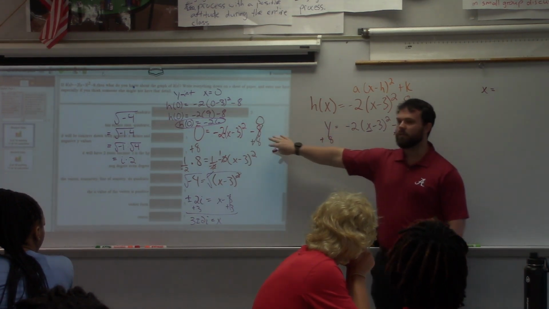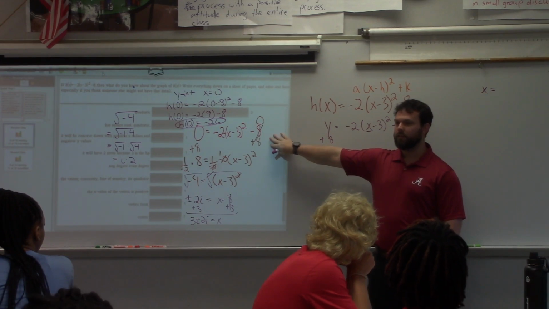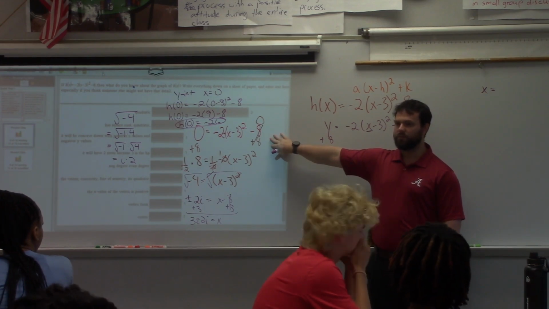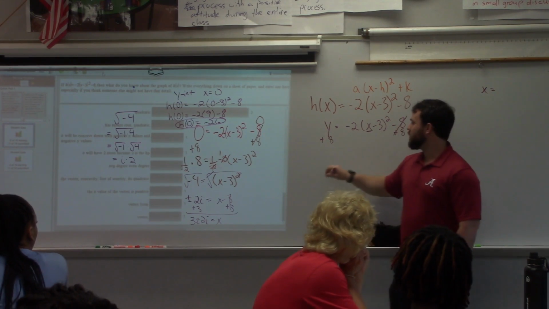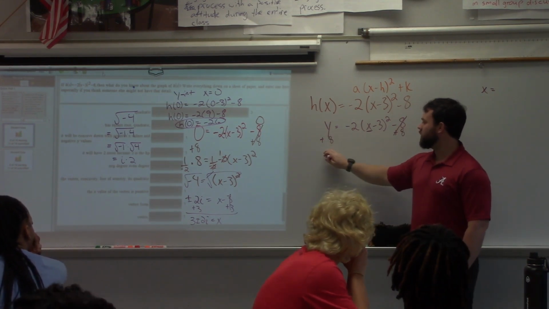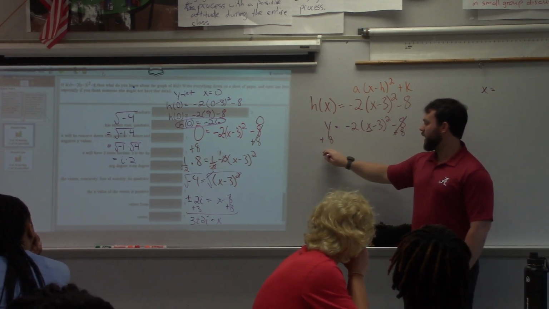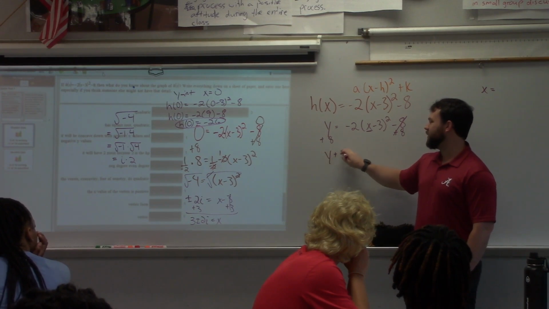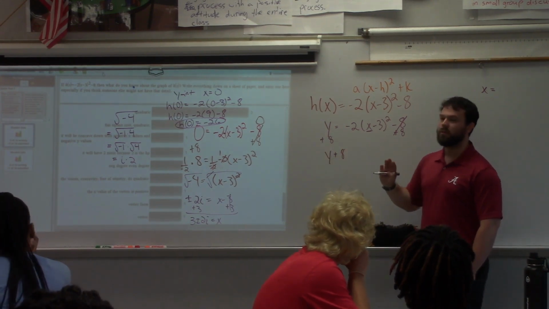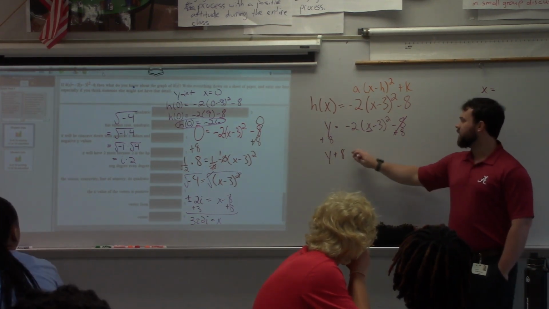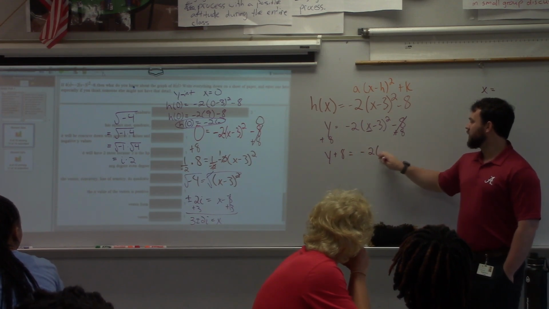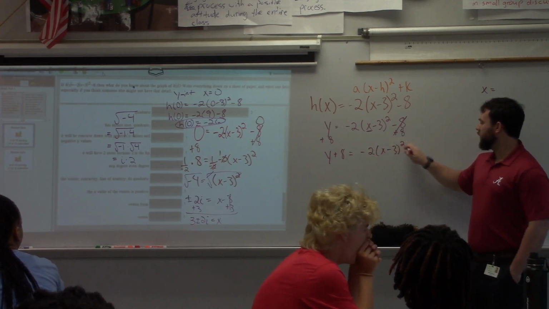What was the first thing we did over here? We added 8. The last operation being done is the first one I need to undo. So then I get what on the left-hand side? So 8 plus y, or traditionally we would write y plus 8. I would accept either one, right? We're just adding those together. Equals negative 2 times (x minus 3) squared.